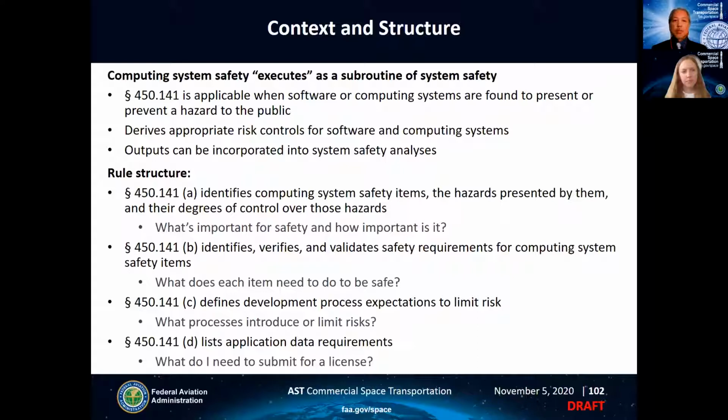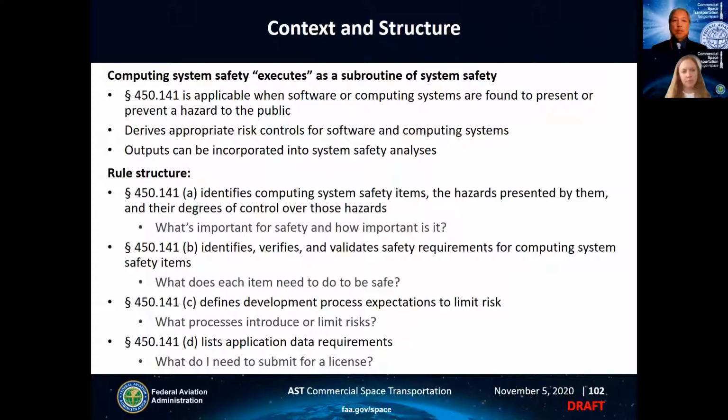So you've noticed from prior presentations that computing system safety effectively executes as a subroutine of system safety. 450-141 is applicable whenever a software or computing system is found to present or prevent a hazard to the public.